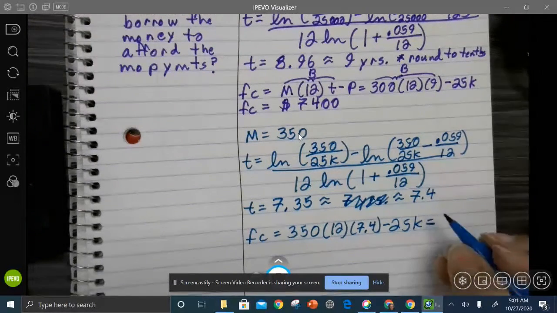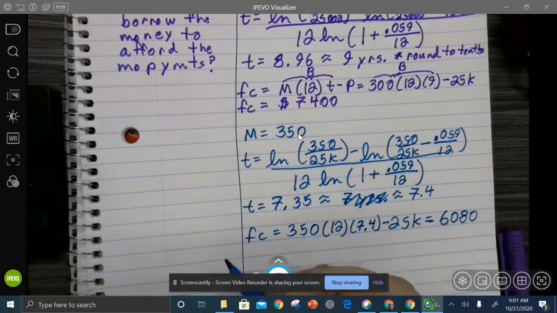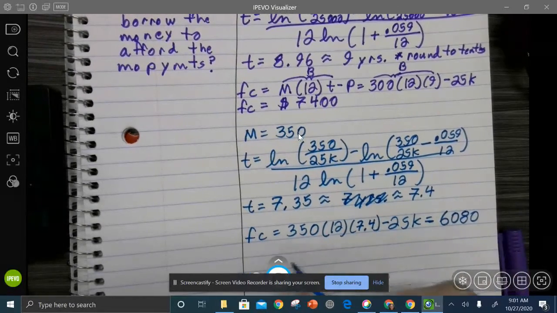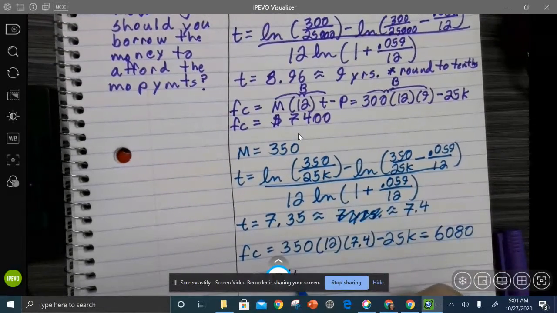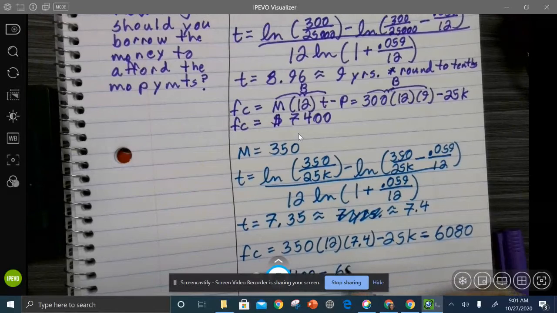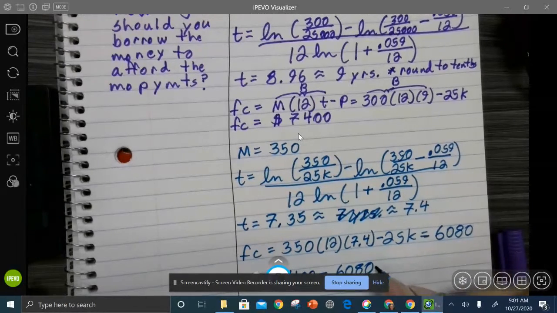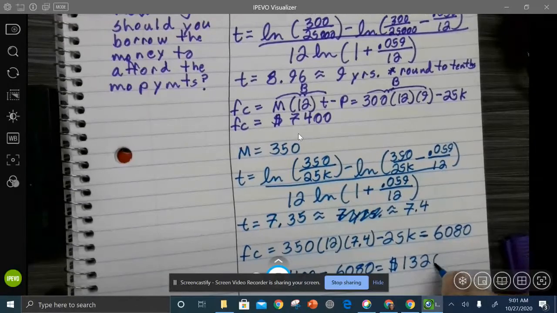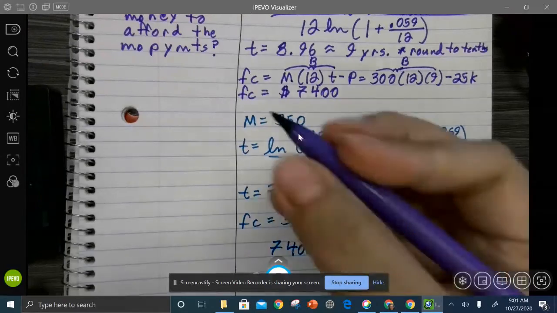Okay. So I got 6,080. Okay. So the difference, so from the 7,400 minus 6,080. So you saved $1,320. Okay. So if you can, we always want to try to increase it.